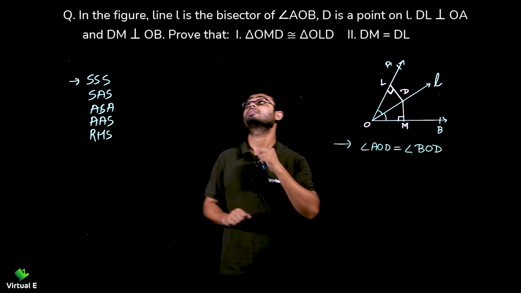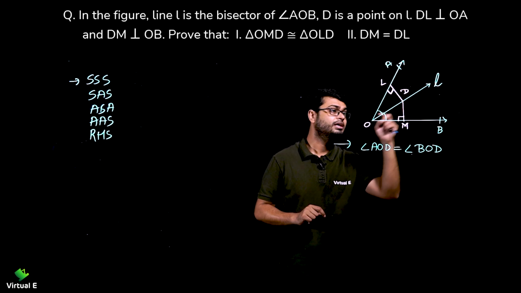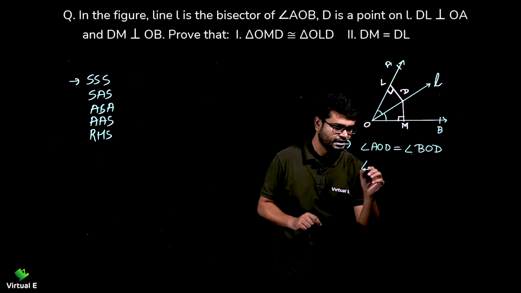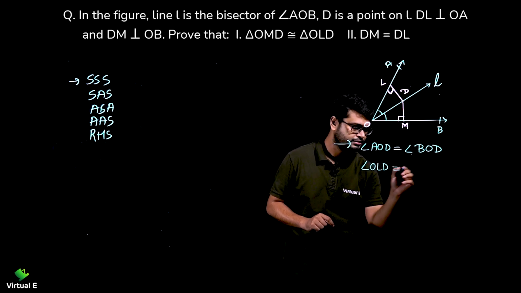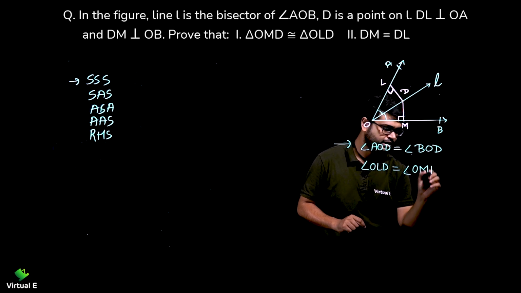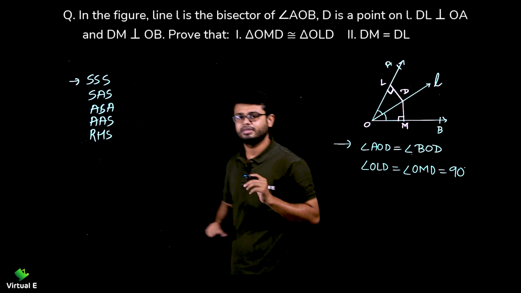Done. Is there anything else given? Yes, we have the 90-degree angle. So let's write angle OLD, angle OMD is equal to 90 degrees. Right angle, it is perpendicular.